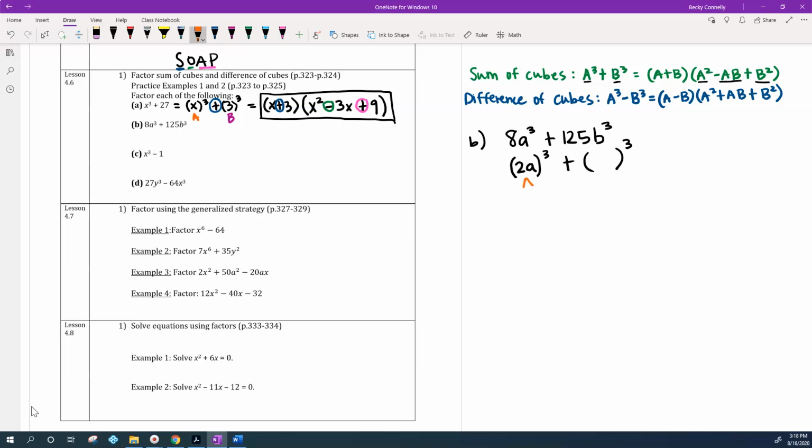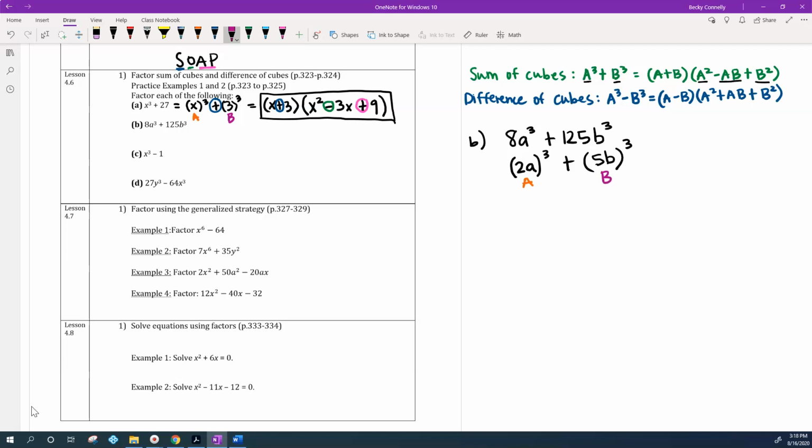That's how I can figure out what my A should be. So this whole thing, 2a, is going to be A when I put it up here in my expanded form. Now let's do the other one. The cube root of 125 is 5, and the cube root of b cubed is b. So my B on this is 5b.